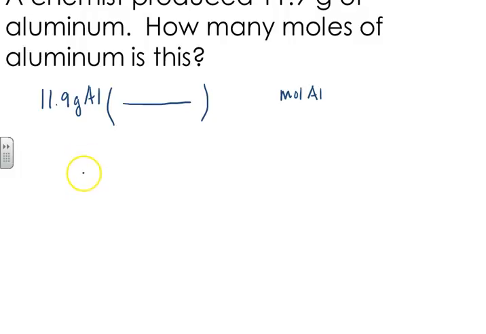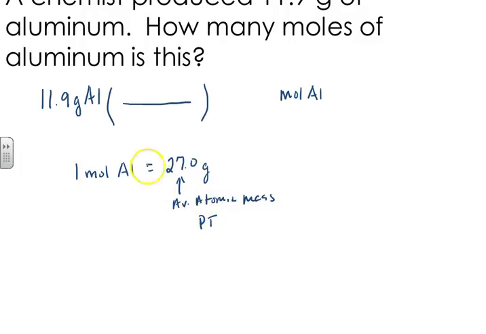From the periodic table, we can see that every 1 mole of aluminum is equal to, to 3 significant digits, 27 grams. Okay? This is the average atomic mass from the periodic table.